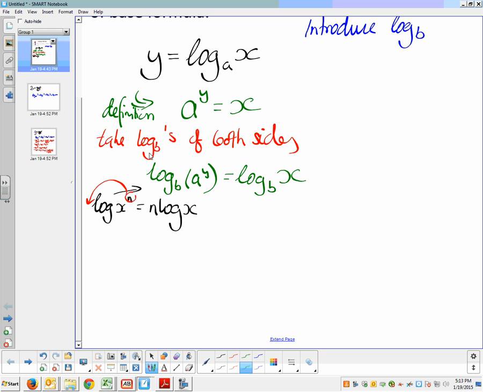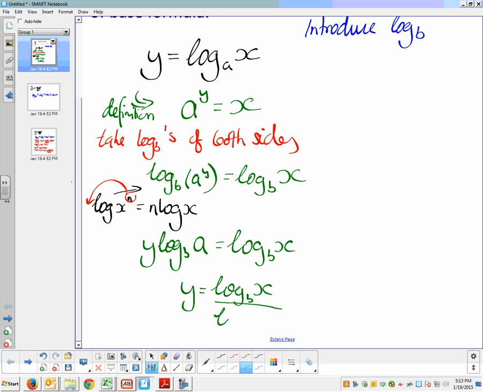So log of a to the y becomes y log base b of a. Obviously that's still log base b of x. And then rearrange for y, we get y is equal to log base b of x over log base b of a.